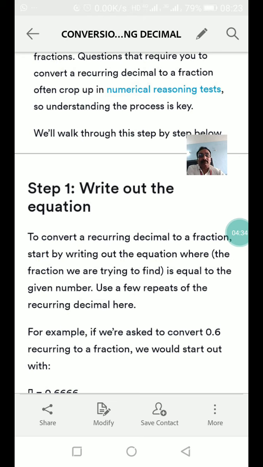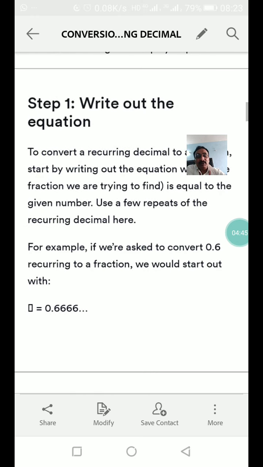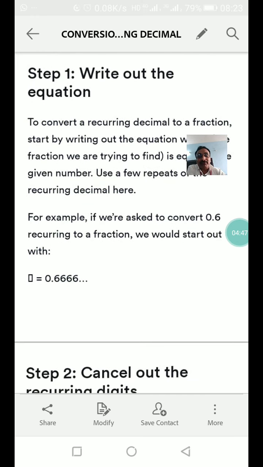That is the equation. For example, if we are asked to convert 0.6 recurring into a fraction, we would start out with x equal to 0.6666.